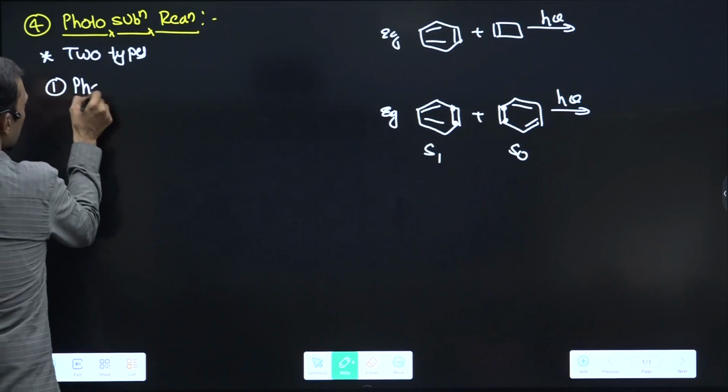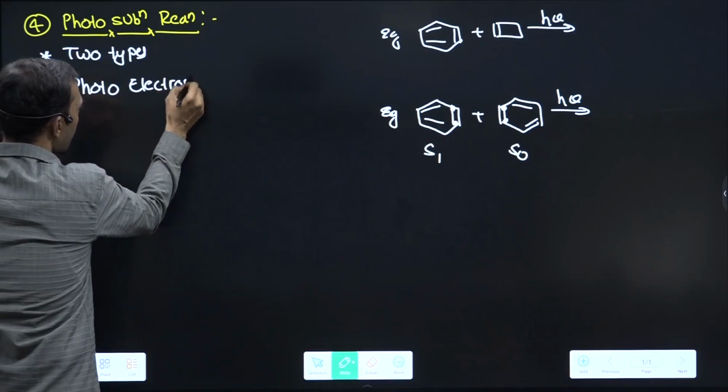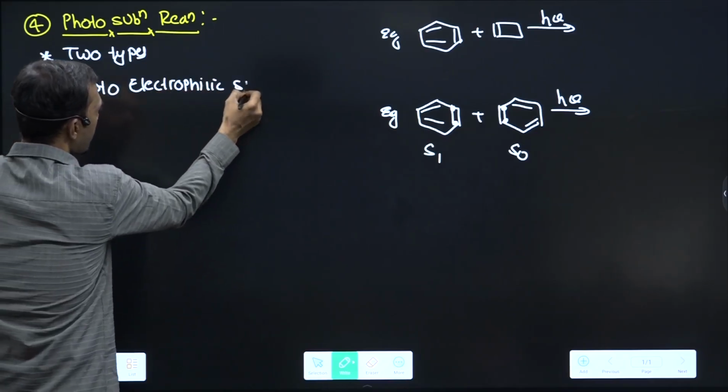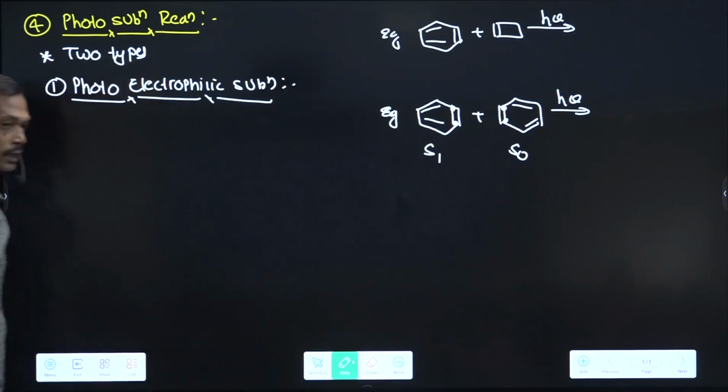First one, photoelectrophilic substitution. Second one, photonucleophilic substitution. Directly I will write. Photoelectrophilic substitution.